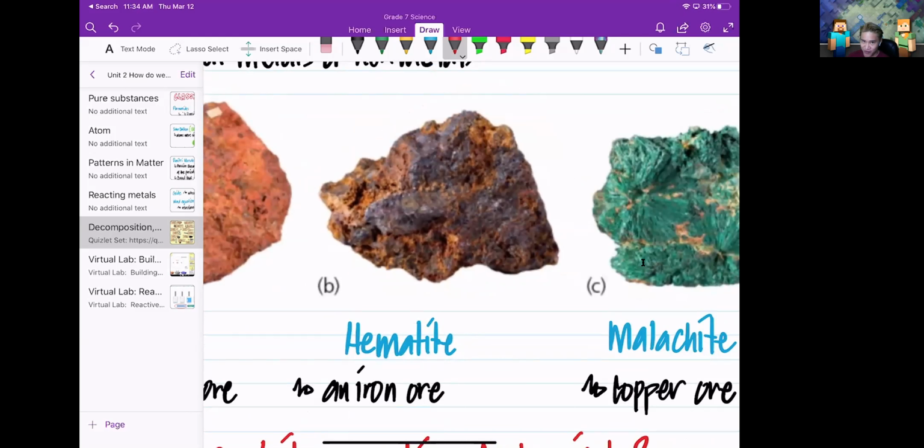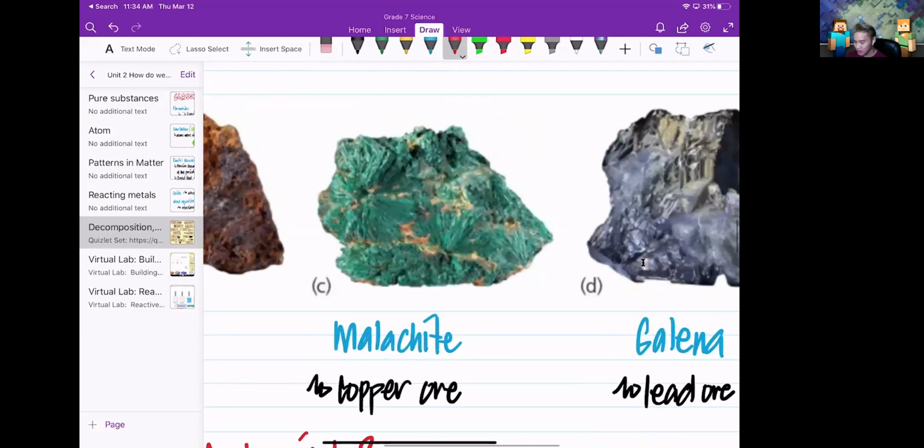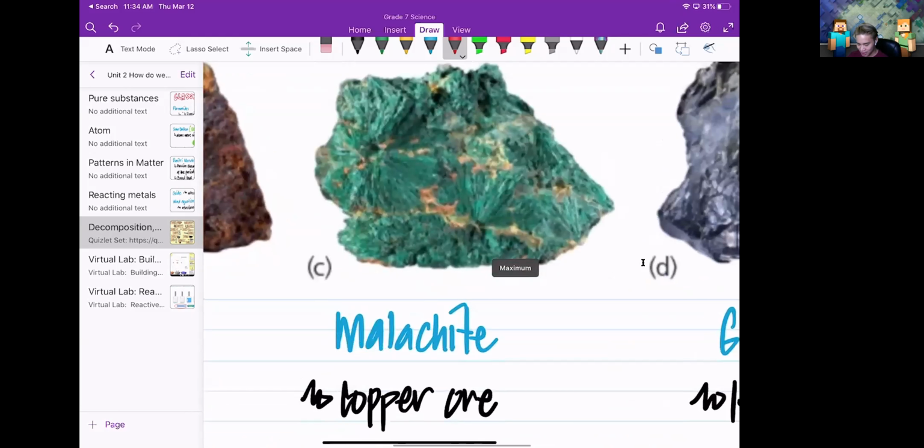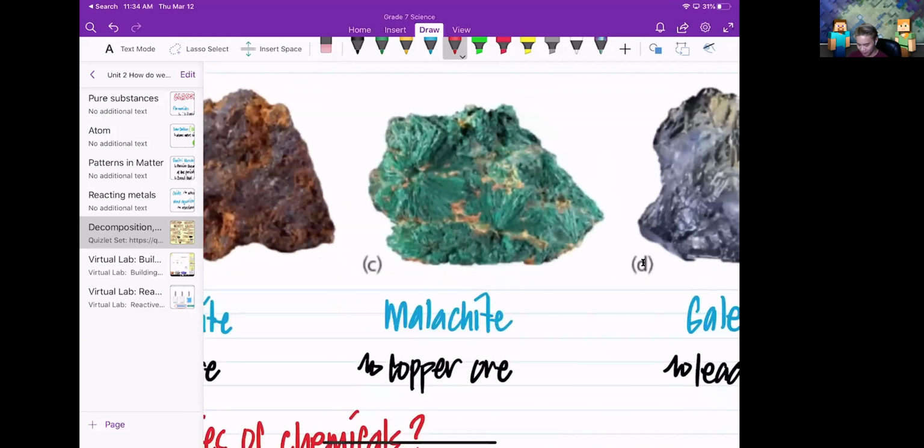So from the word ferric, ferrum, iron is extracted from this. And here you can see the greenish mineral. This is used as an ore for copper. So malachite is where we extract copper, and sometimes it's used for making ornamental objects.